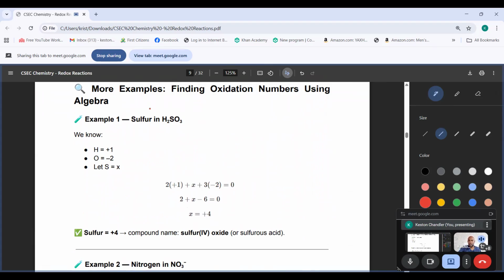The overall oxidation number on this is 0, so we put it equal to 0. So X, we let S be X, is what we're solving for. 2 by 1 will give us 2. 3 by -2 will give us -6. 2 minus 6 will give us -4. I carry it across the equal sign. It means that sulfur has an oxidation number of +4.